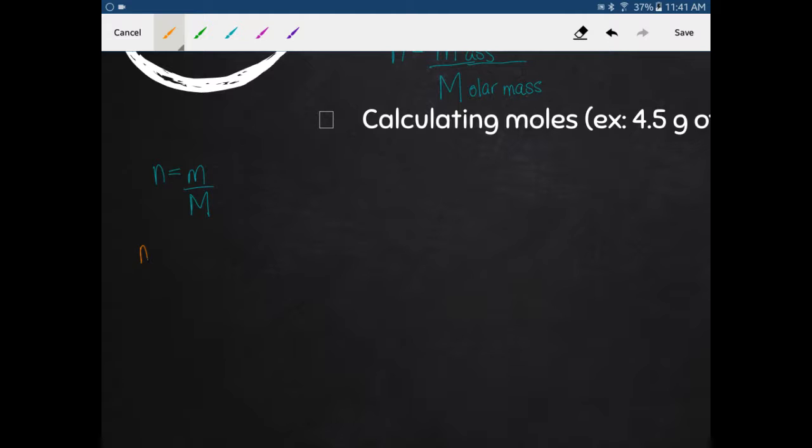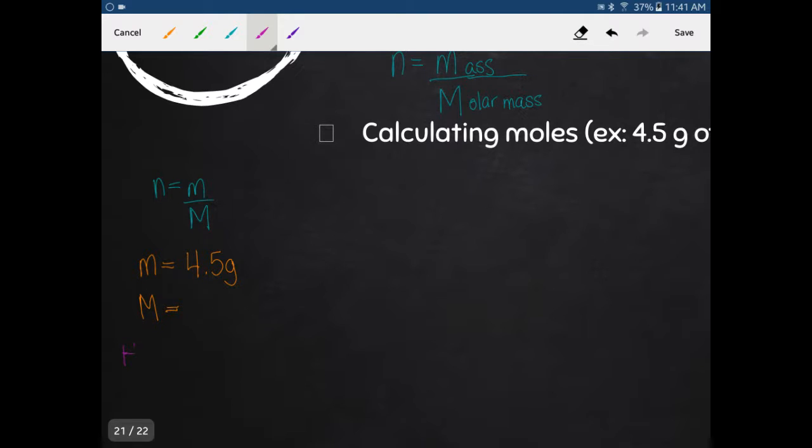I'm going to write down my variables. I have my mass, which equals 4.5 grams, and I have my molar mass. I might need to do a calculation, but I will get my molar mass. So my molar mass of H2O is equal to 2 times my hydrogen, which is 1.01 grams per mole, and 1 times my oxygen, which is 16.00 grams per mole.